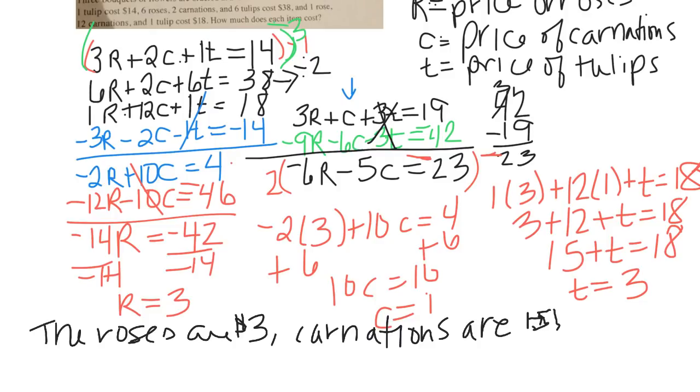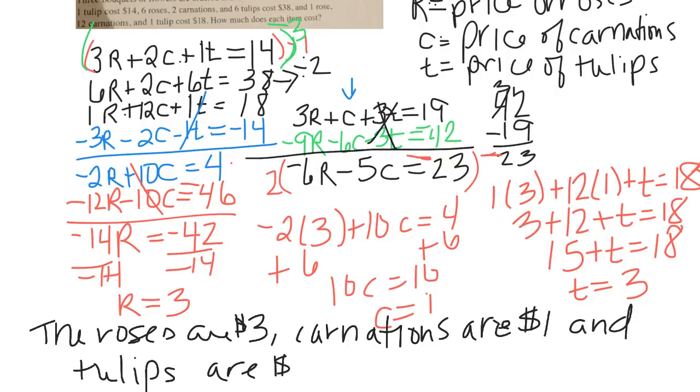Oh my goodness, this stylus is driving me nuts tonight. Carnations are $1, and tulips are $3 as well. And that's our final answer.